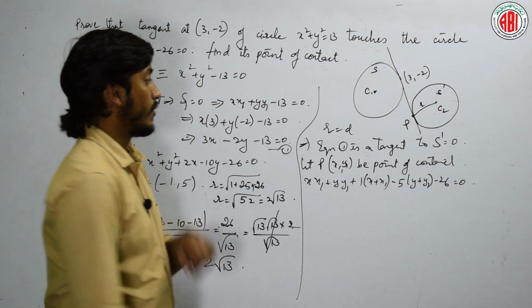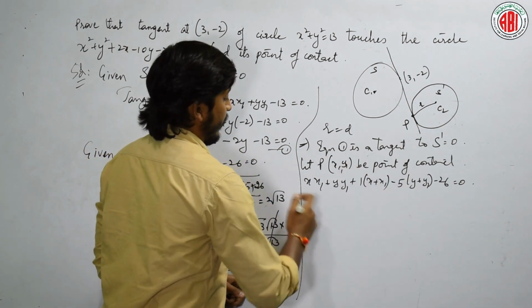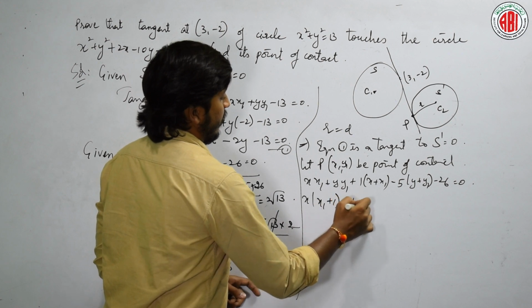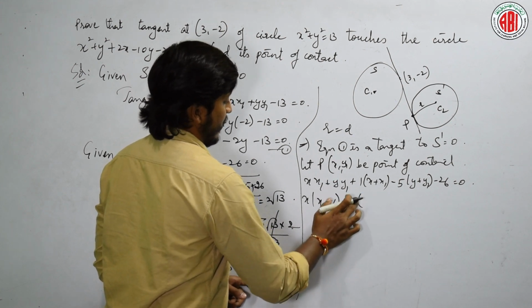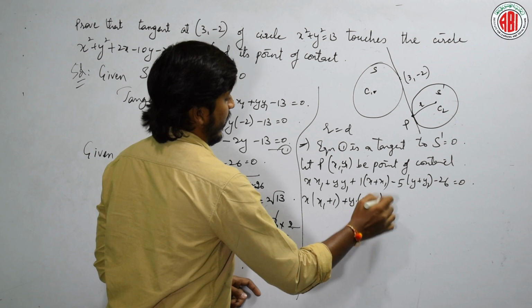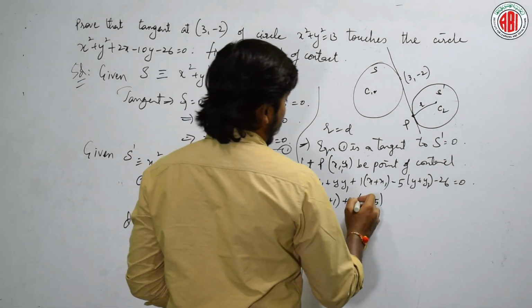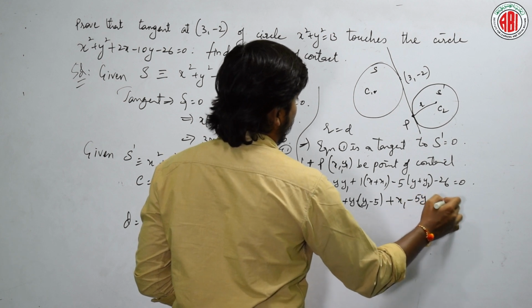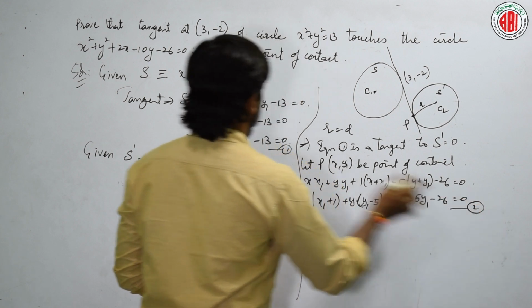Is it clear? So, let me take x as common, I will get it as x1 plus 1, y1 as common, y as common, I will get it as y1 minus 5 here. Then I will be left with plus x1 minus 5y1 minus 26 equal to 0. Let us take it as equation 2.